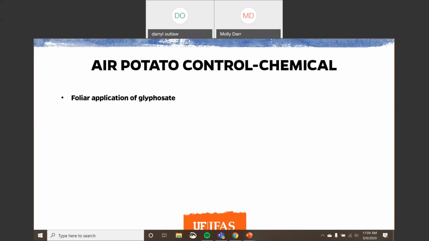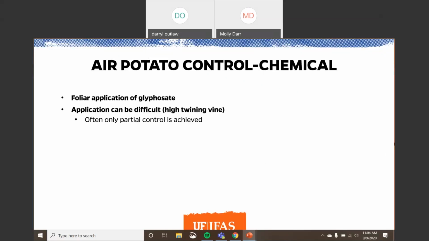Okay, so our next option for control is obviously chemical. So UF IFAS recommends a foliar application of glyphosate. All right, next. This is where you're going to earn your money. Of course, this is a high twining vine, and so application can be difficult because you want to get pretty good coverage.